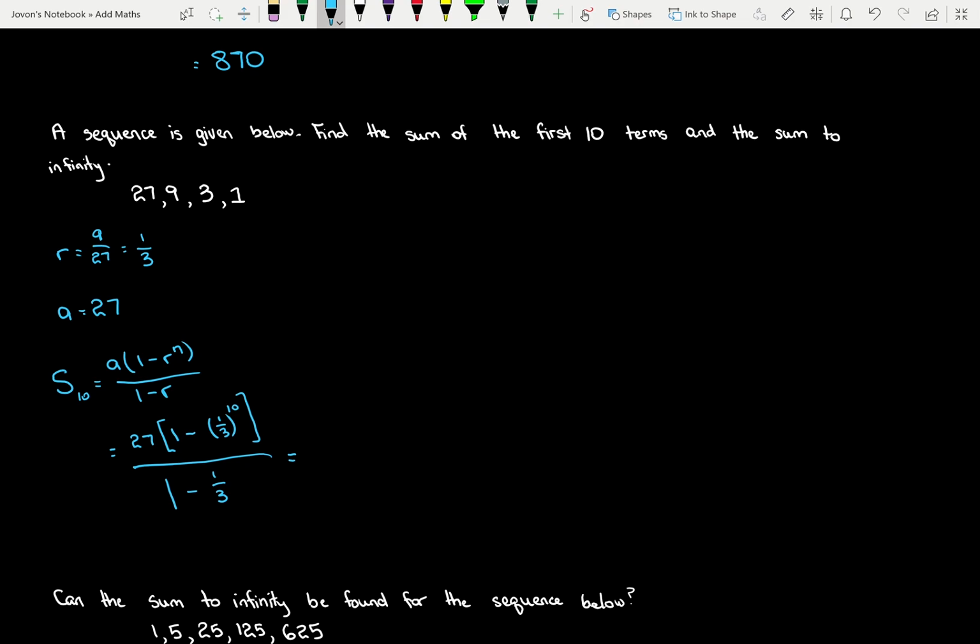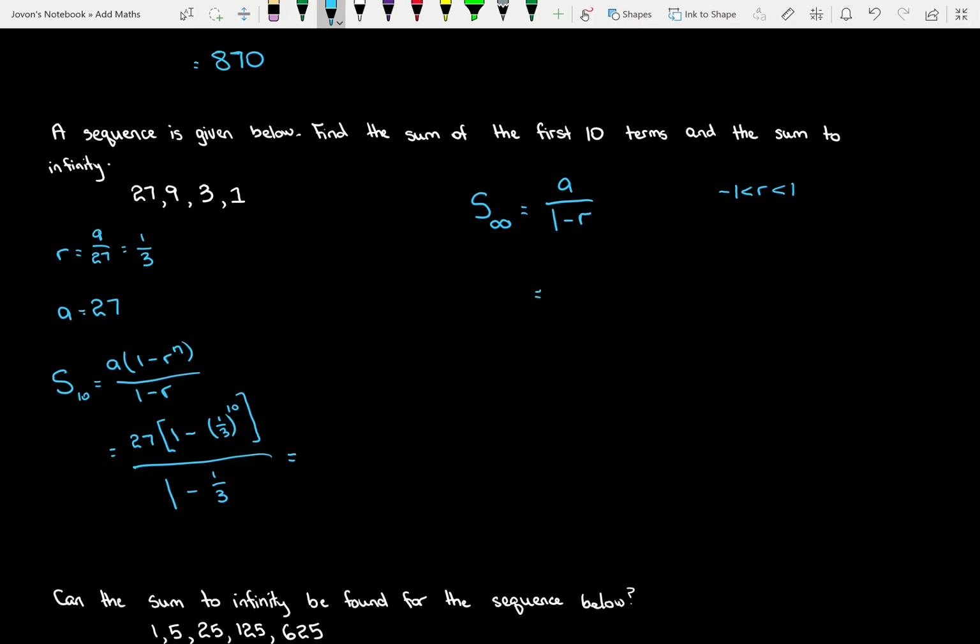Now they ask us to find the sum to infinity. Remember, the sum to infinity is given by the equation A over 1 minus r. Now, remember we had a condition for the sum to infinity. What was it? R must be between minus 1 and 1. Okay? Now, in this case, our R is 1/3, and 1/3 is between minus 1 and 1. So, therefore, we could find the sum to infinity.